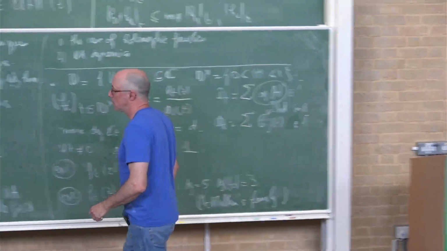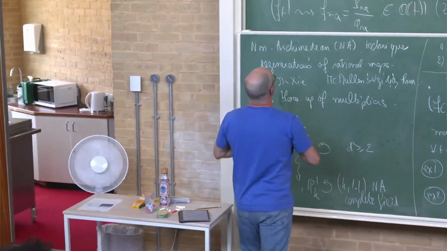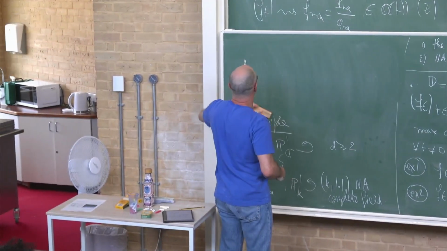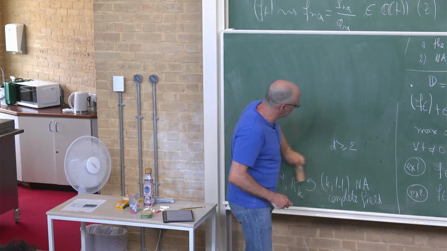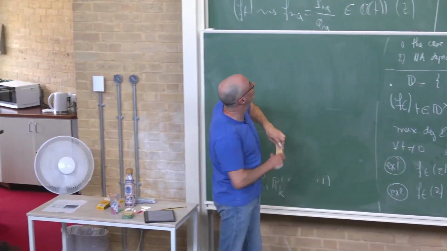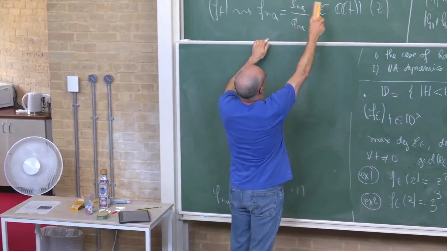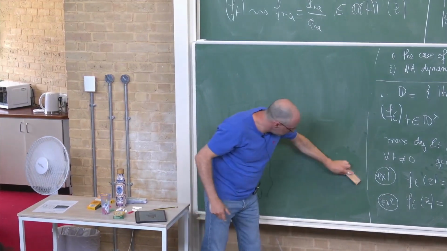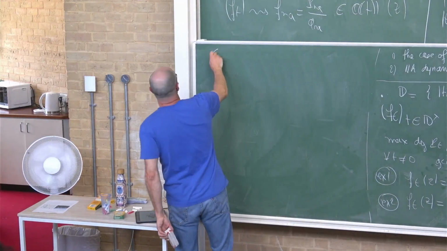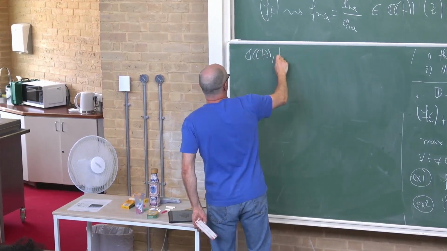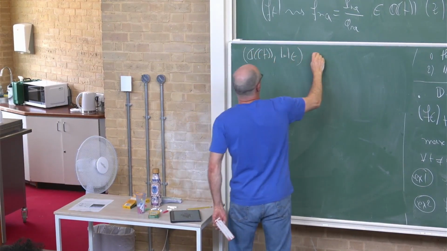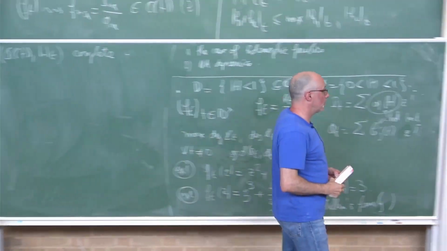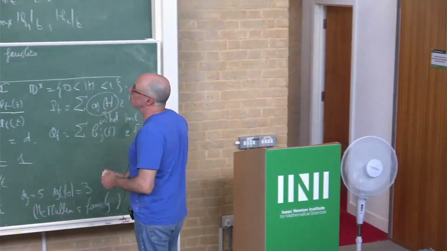You can also check that this field with this norm is actually complete. This is the reason why I preferred working with the field of formal Laurent series and not of converging power series. And so now we have the recipe.